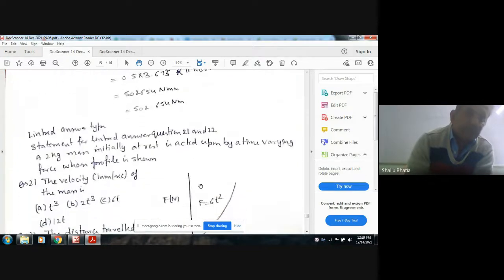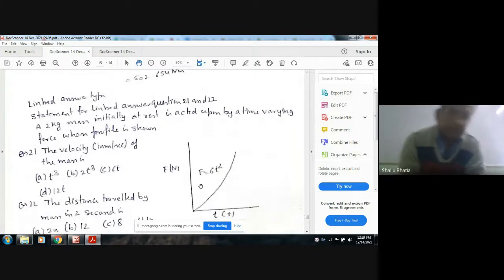Next, linked answer type question. The statement of linked answer questions 21 and 22: a 2 kilogram mass initially at rest is acted upon by a time varying force whose profile is shown. This is the profile of the force, with force in Newton on the y-axis and time in seconds on the x-axis.